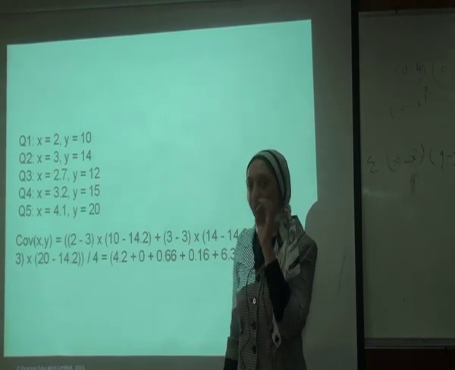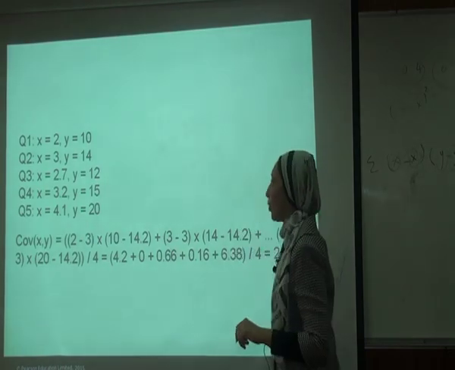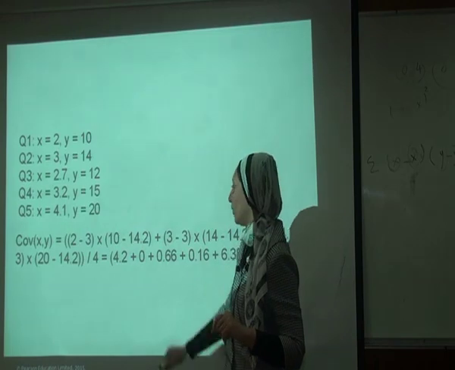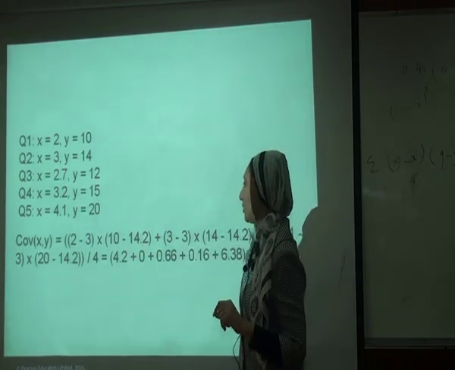Regarding Y, to get Y bar, you add those values together and divide by 5. So 10 plus 14 plus 12 plus 15 plus 20, divided by 5, you get 14.2%.